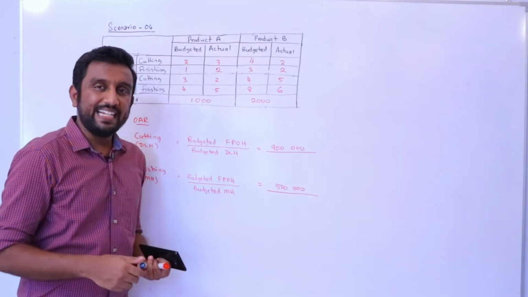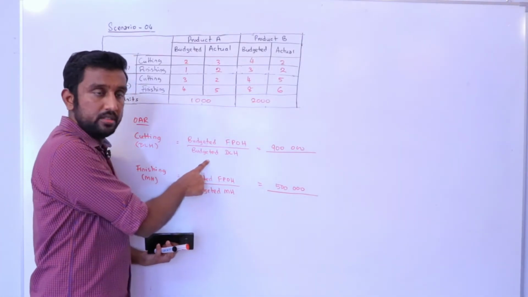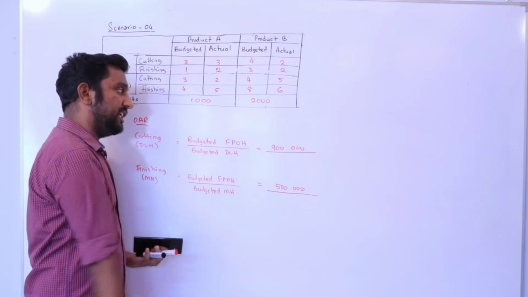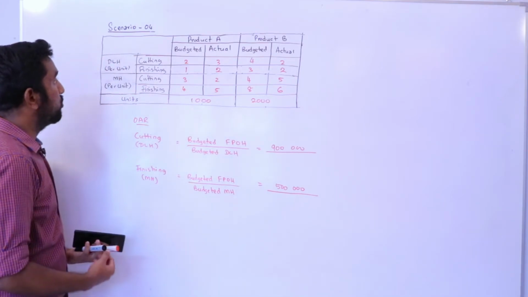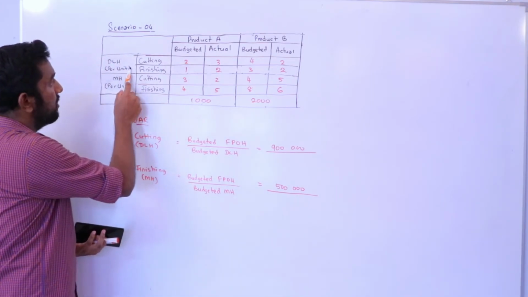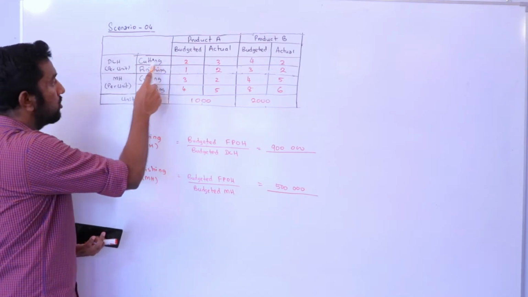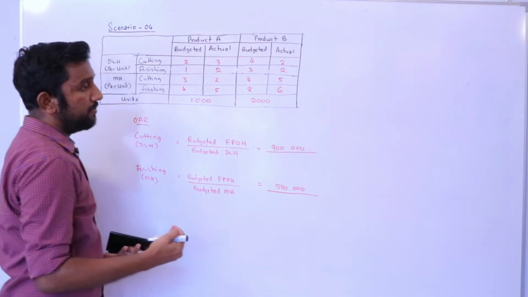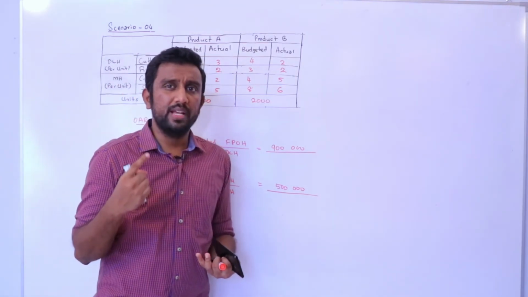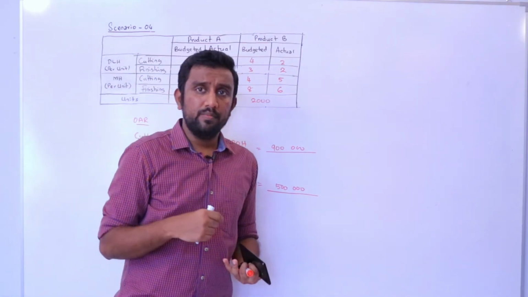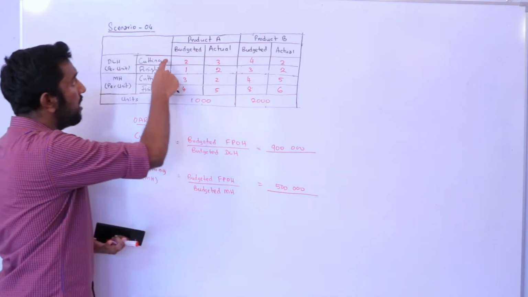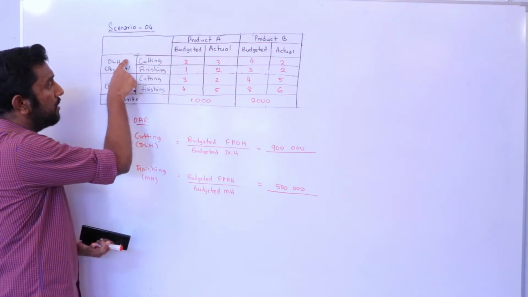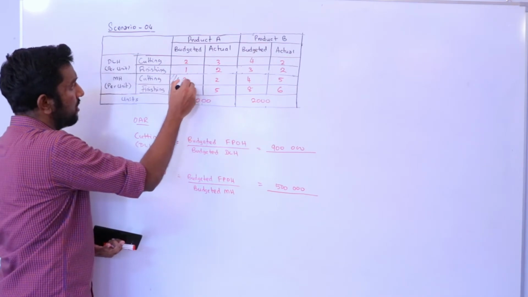We had to find the budgeted direct labor hours. The cutting department is based on direct labor hours. One department will have only one base, so machine hours are not needed for cutting.